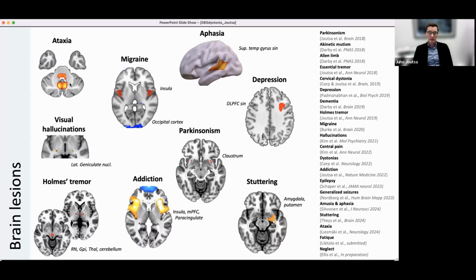What we discovered in a sample of 200 consecutive stroke patients was that more than half of the lesions causing limb ataxia were localized outside the cerebellum and outside the cerebellar peduncles. However, those lesions were connected to the intermediate zone cerebellum, indicating that it's a network phenomenon, and a lesion anywhere in a network connected to the cerebellum in these locations can cause limb ataxia.